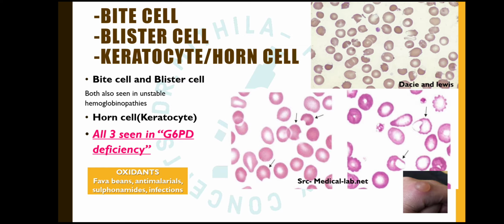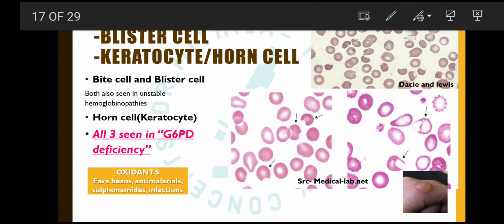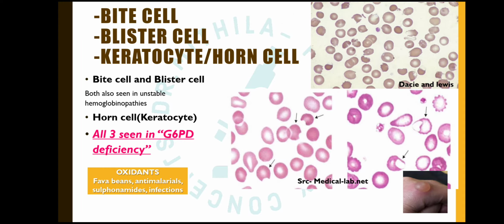Next we come to the bite cell, blister cell, and horn cells. All these cells are seen in glucose 6-phosphate dehydrogenase deficiency. So first of all, the bite cell. In a bite cell, it seems like a bite is taken out of these RBCs by the splenic macrophages.